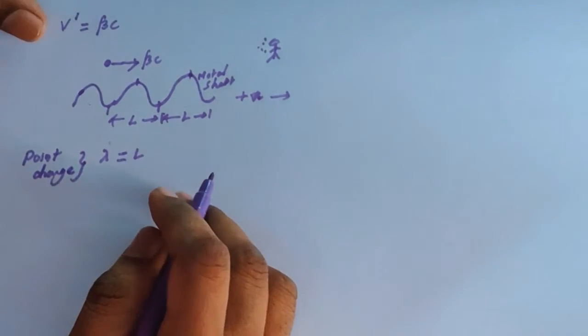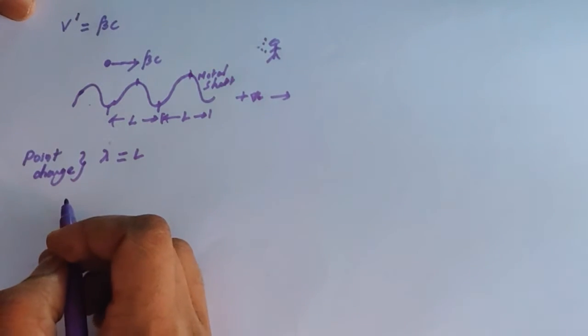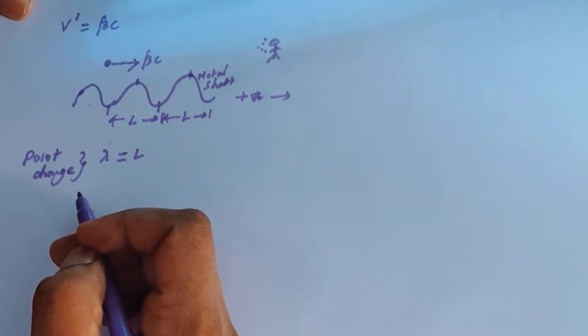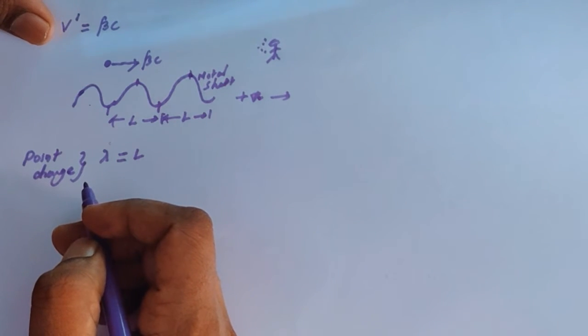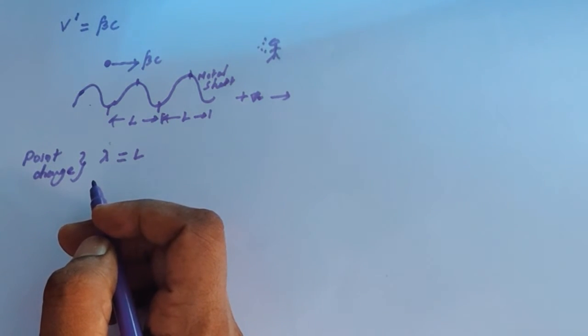The next quantity we want to find is the wavelength of the electromagnetic radiation received by the observer from the Doppler shift.